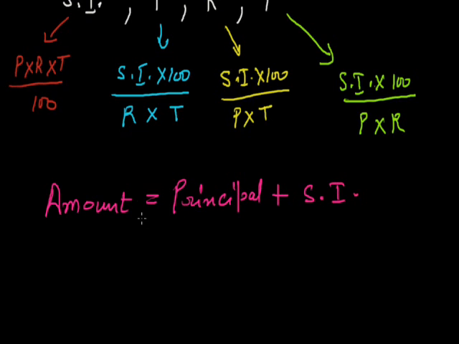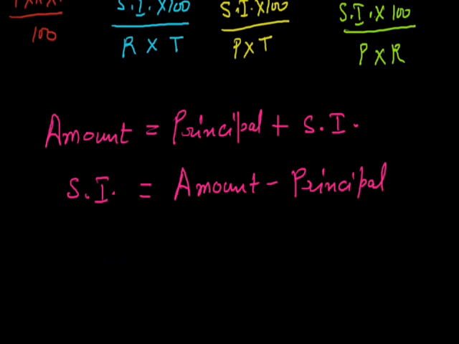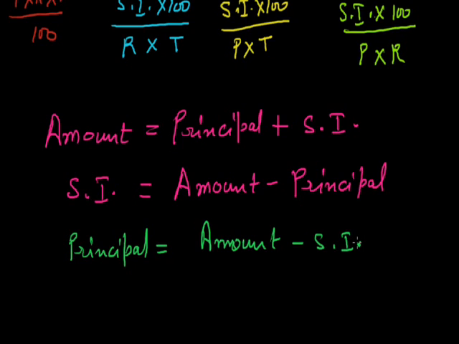In case the simple interest is not given, or we have to calculate simple interest, then it can be calculated by using amount minus principal. And if we have to calculate the principal, then it will be equal to amount minus the simple interest. On the next turn, we will understand how to use this formula.